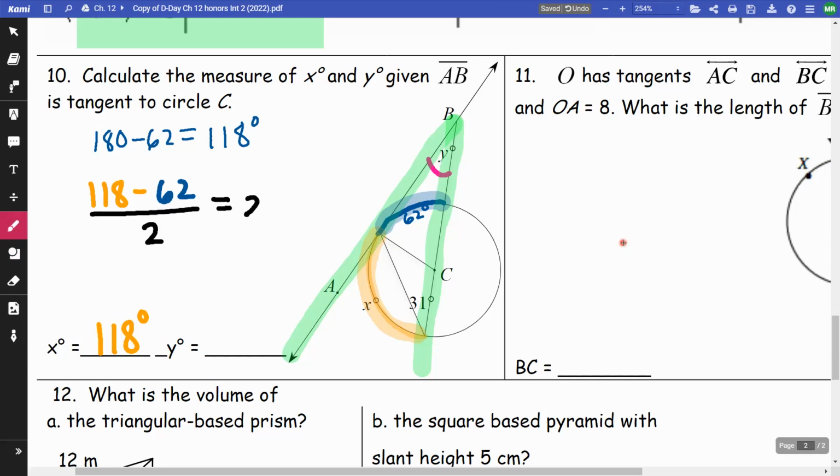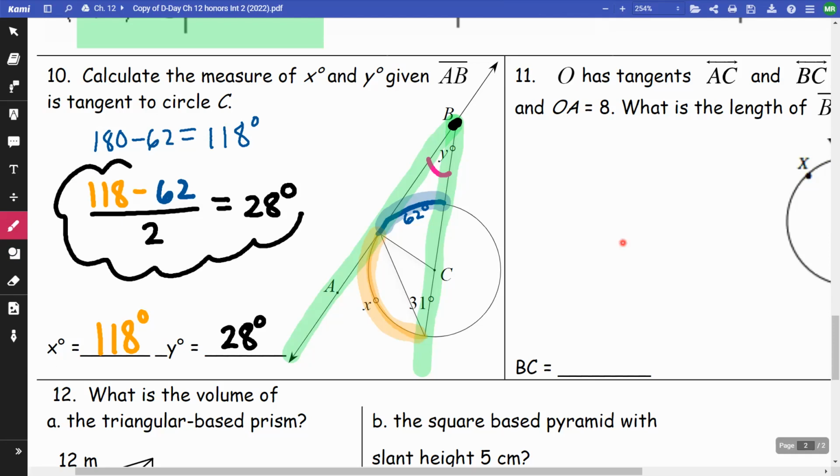And when I do, I end up getting 28 degrees, and that's that answer. So again, when you are looking for an angle outside versus an angle inside, the two arcs that are formed when those line segments cross it, if it's inside, you add them and divide by 2. But if it's outside, you subtract them and divide by 2.